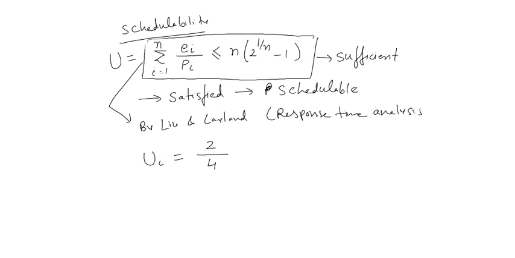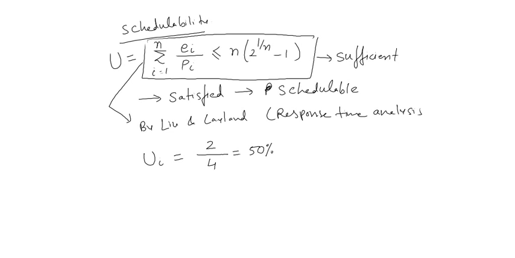Then the utilization is 50%. If there is no other task, and I am scheduling within the leftover 2 time units, then I can say the utilization is 50%, right? If I compute the utilization overall for all tasks, I have to sum it. So this is the utilization.